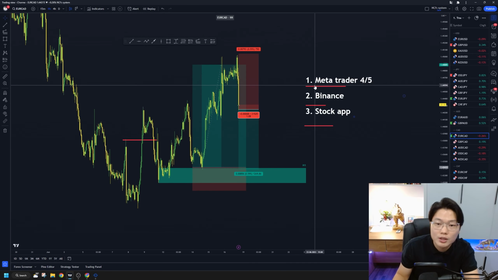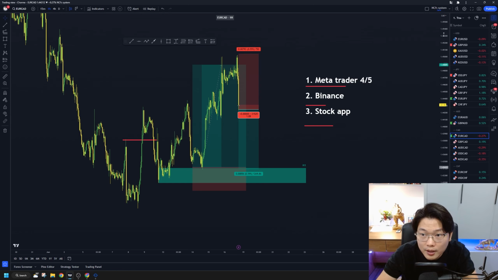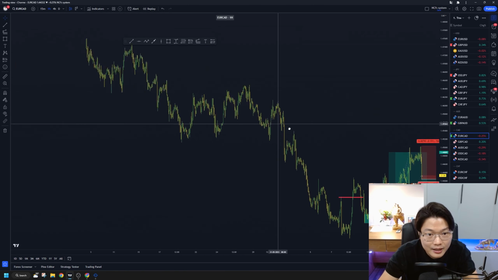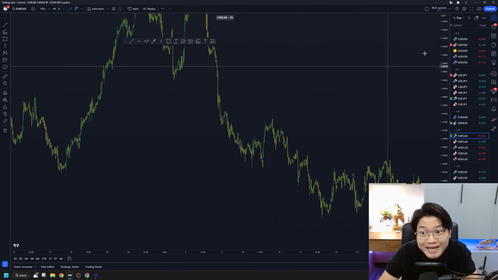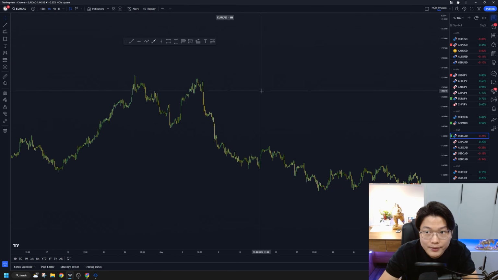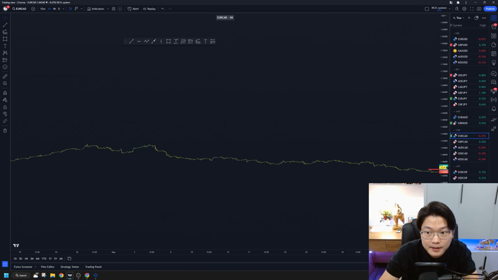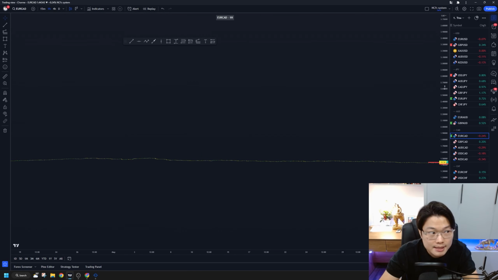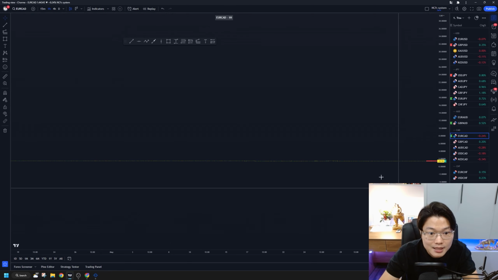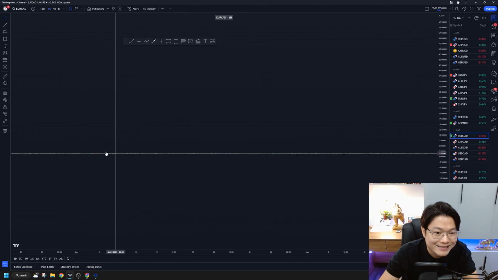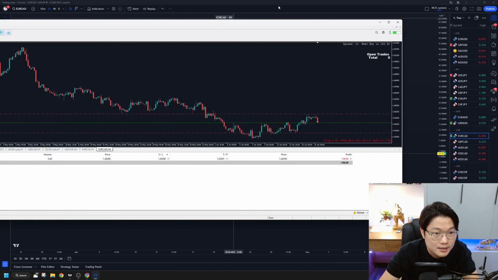And one more thing I want to say about Tradingview right here. If you want to backtest, for example you just learned a new strategy you want to backtest, at this time you can scroll into the past like this, scroll the chart like a flat, horizontal line like this, because we cannot see the future running in the market.